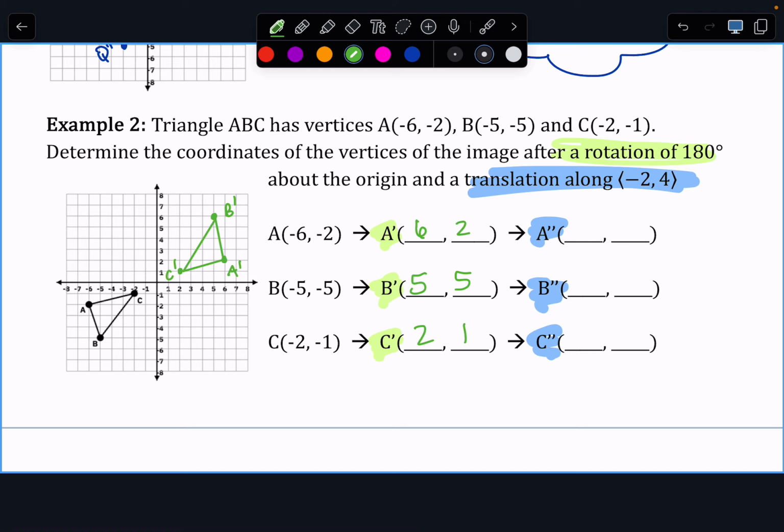Okay, do you agree that after our rotation, we have coordinates (6, 2), (5, 5), and (2, 1)? Then we translate left 2, up 4. Yeah.